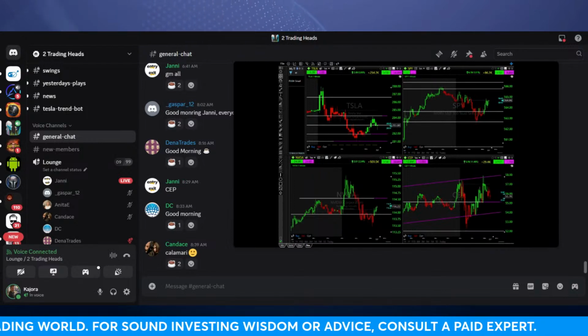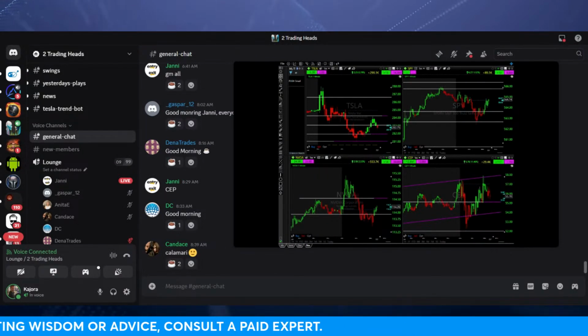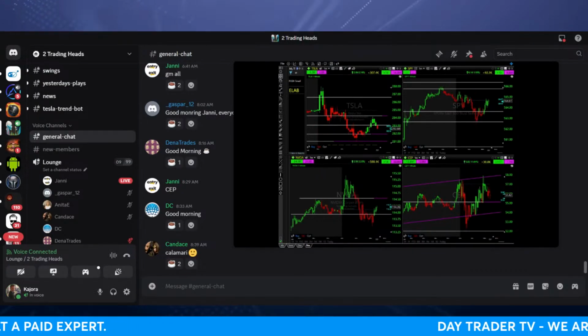Out most of Tesla short, it did hit a longer term 78. And you now see it bouncing a little bit off it. See if we can set up a new trend and take her back up. Thanks, Kajura.